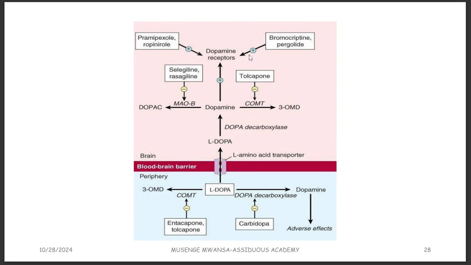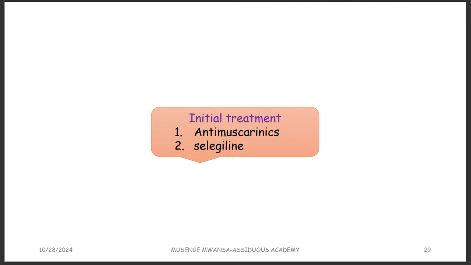And then you can also give other drugs which are dopamine receptor agonists like bromocriptine, pergolide, pramipexole, and ropinirole. So this is generally how you are treating this condition and why you are giving which drug.